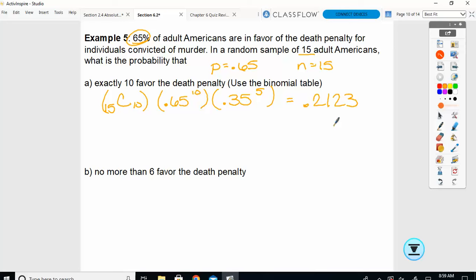So n is our total number, then we have the probability, and then that's the column.